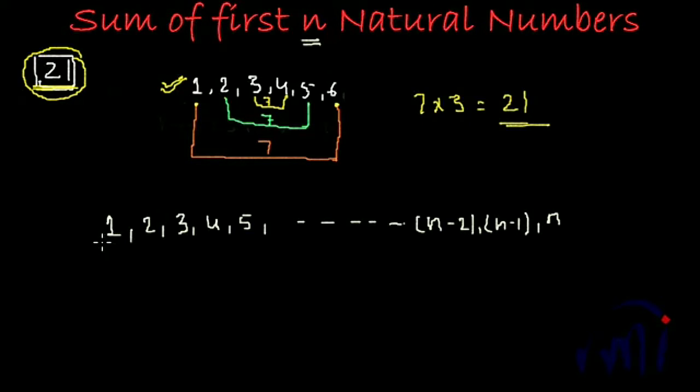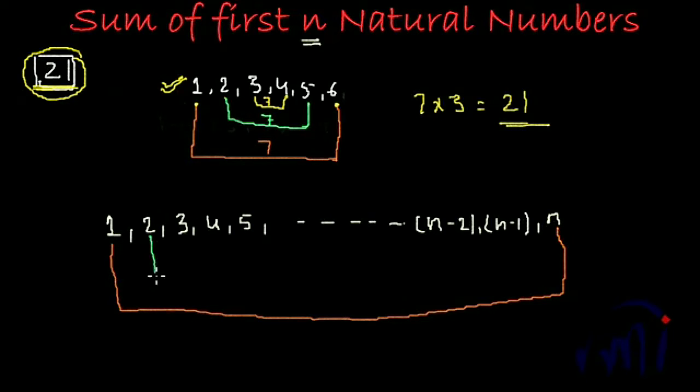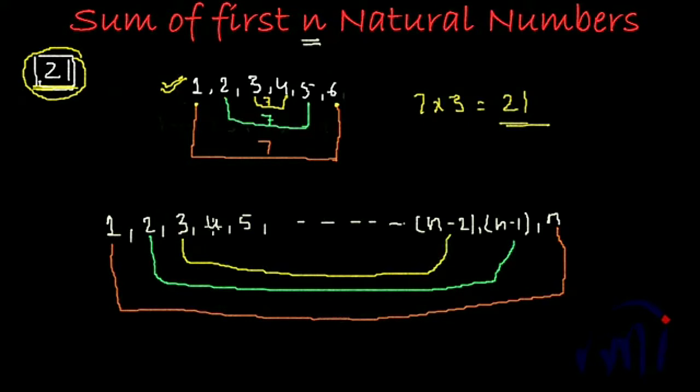The series will start from 1 and end like this, n minus 2, n minus 1 and then n. Again, I group these numbers in a similar fashion: the first number with the last number, the second number with the second last number, and the third number with the third last number. The fourth number will get grouped with a number somewhere over here, and the fifth will be grouped with its previous number, right?